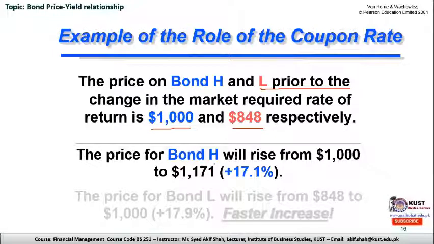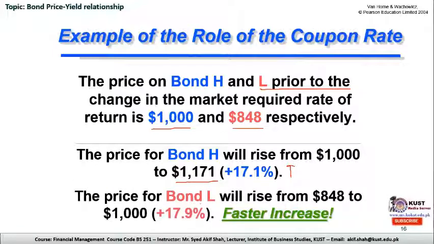The price for bond H will rise from 1000 to 1171, which is a 17.1% increase in its price. However, the bond price for bond L, which has a lower coupon rate of 8%, will rise from 848 to $1,000, which leads to a 17.9% change in the bond price.